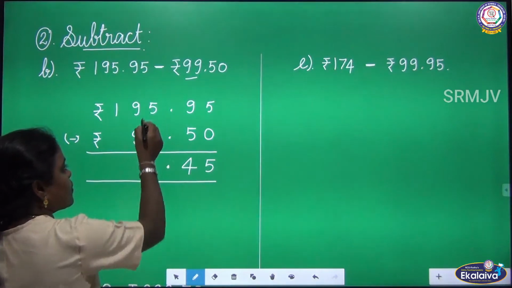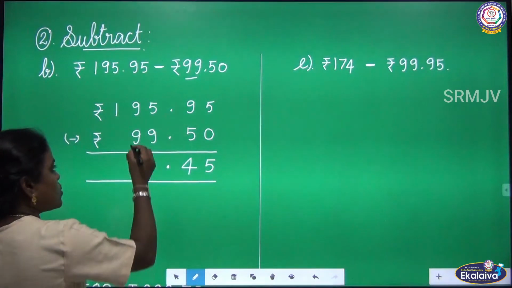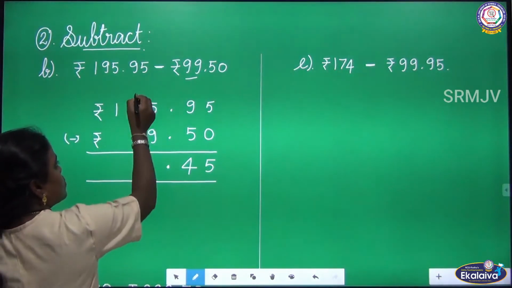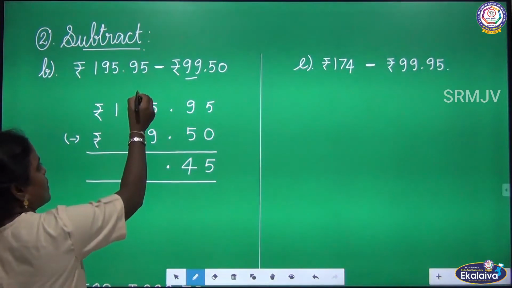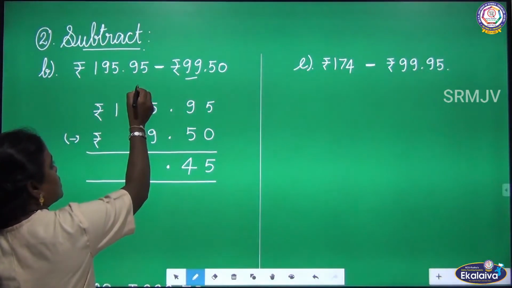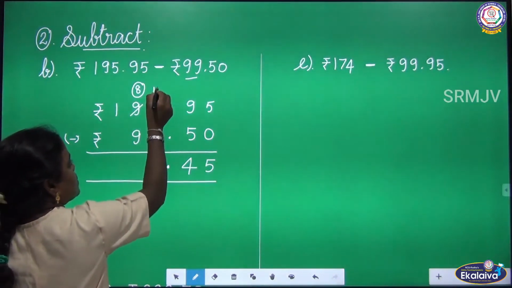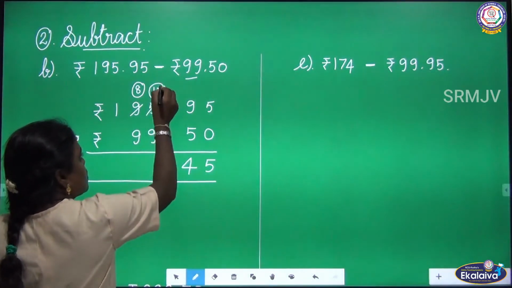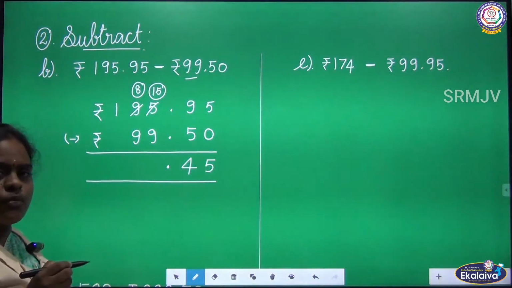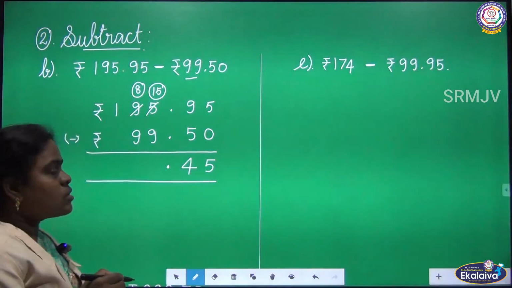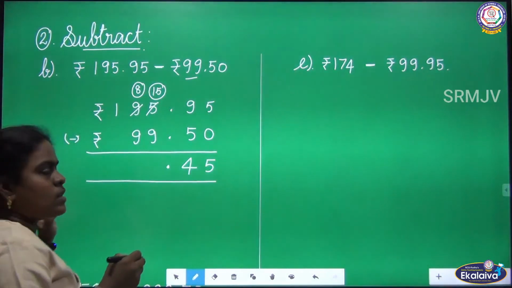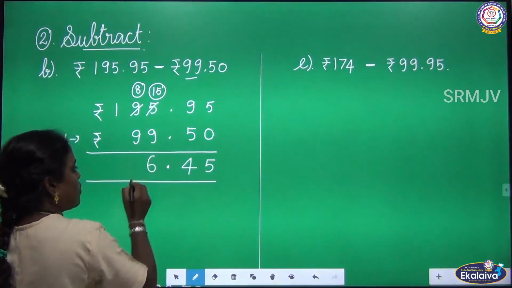Listen, here the first number is smaller, so we cannot subtract this. So we are going to borrow from the previous digit. That is, it becomes 8 and the 5 becomes 15. So now we can subtract 15 and 9. So 15 minus 9 is 6.